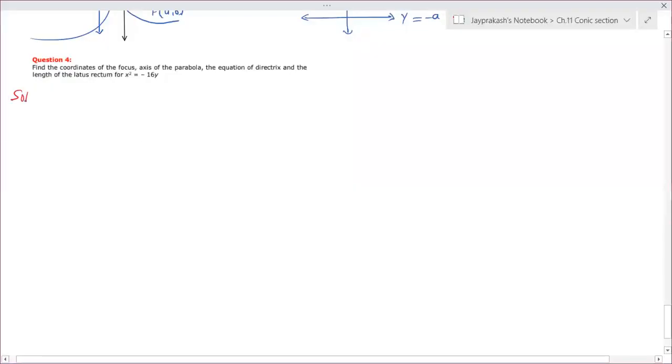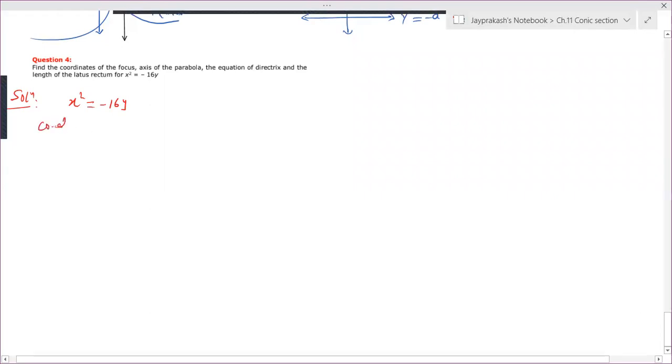Now in question number 4, we have x square is equals to minus 16y. If we compare this equation with the parabola form x square is equals to 4ay, then the coefficient of y is equal to minus 16.